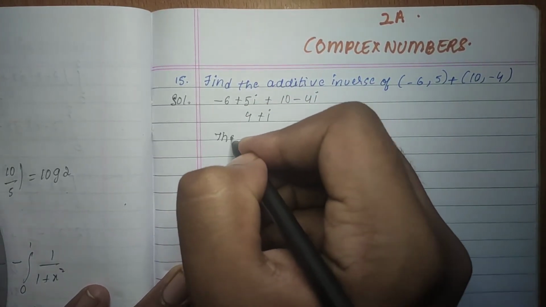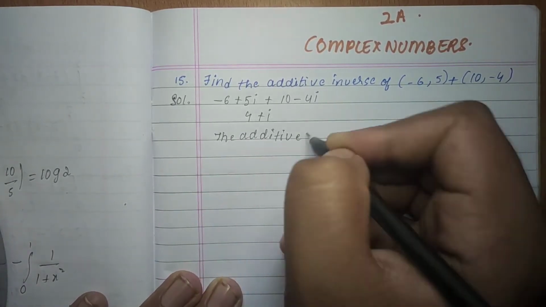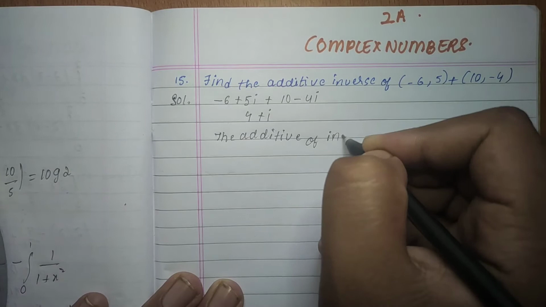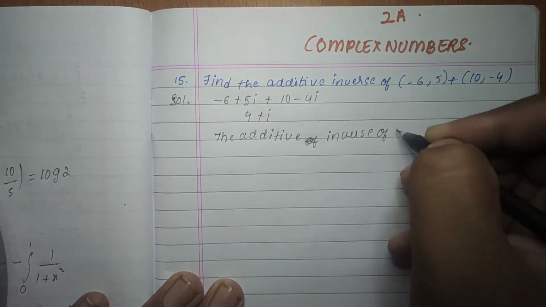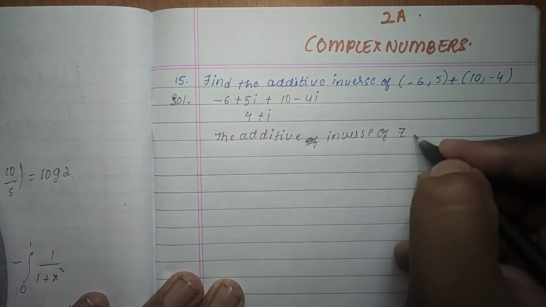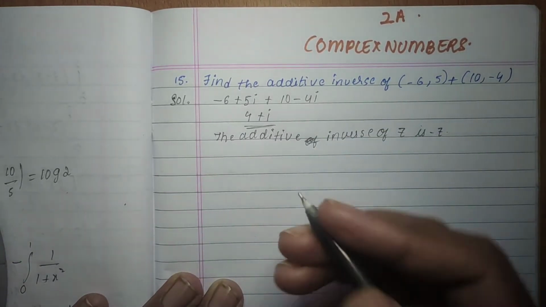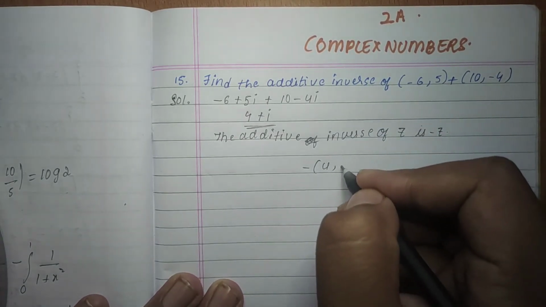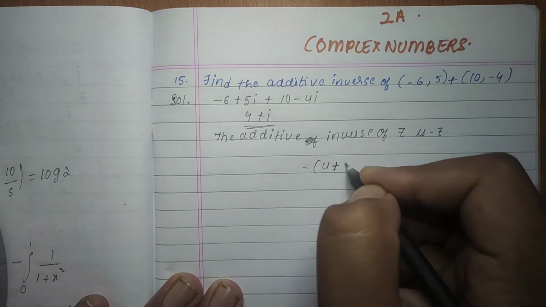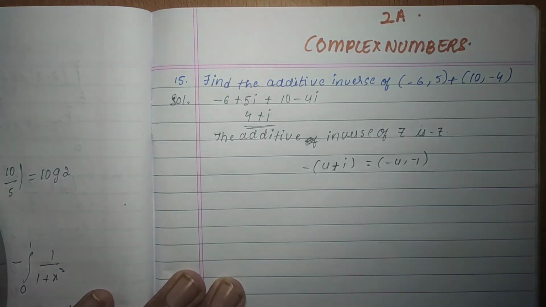The additive inverse of, for example, z is minus z, so multiply minus with this, so this will be 4 plus i, that can be written as minus 4 minus i.